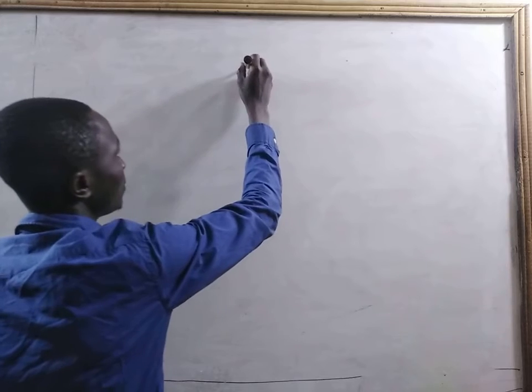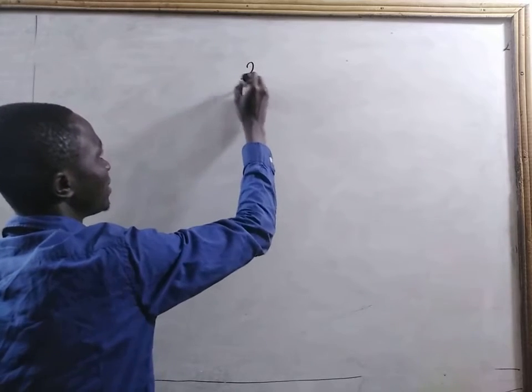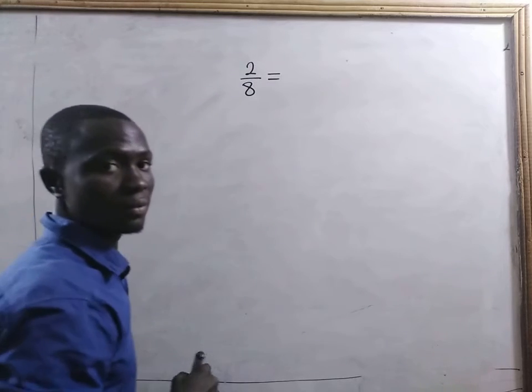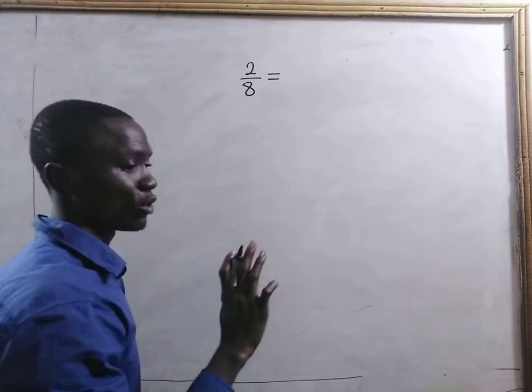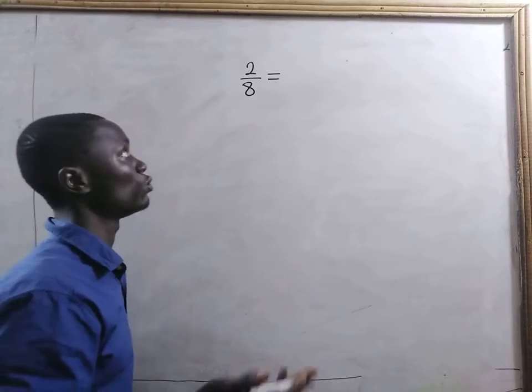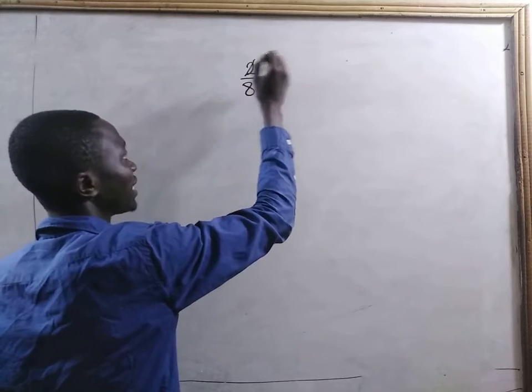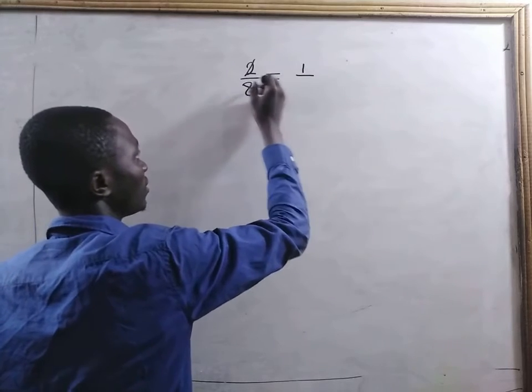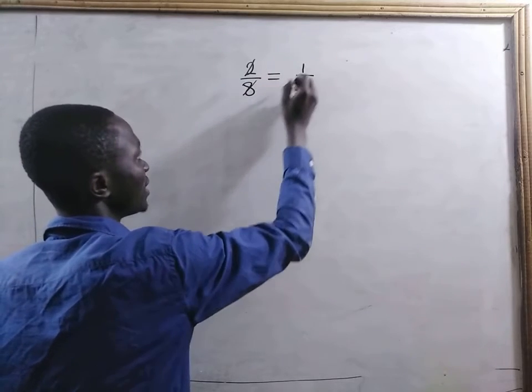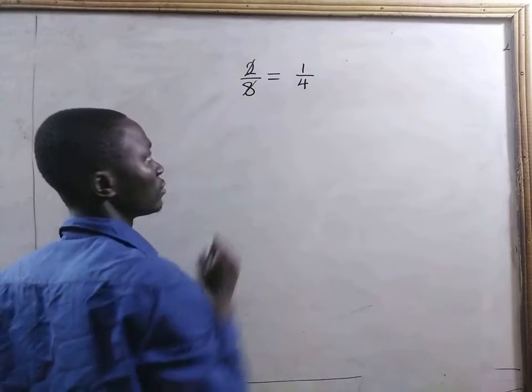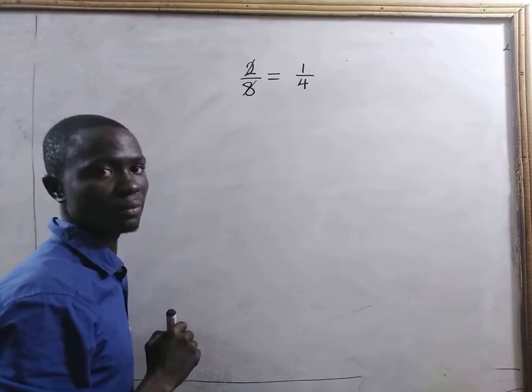Now, if I have 2 divided by 8, you see that from our basic division rule, 2 will divide itself 1 and 2 will divide 8 4 times. Right?